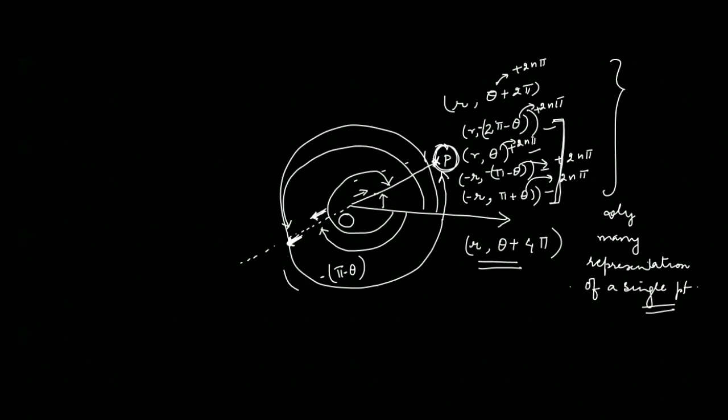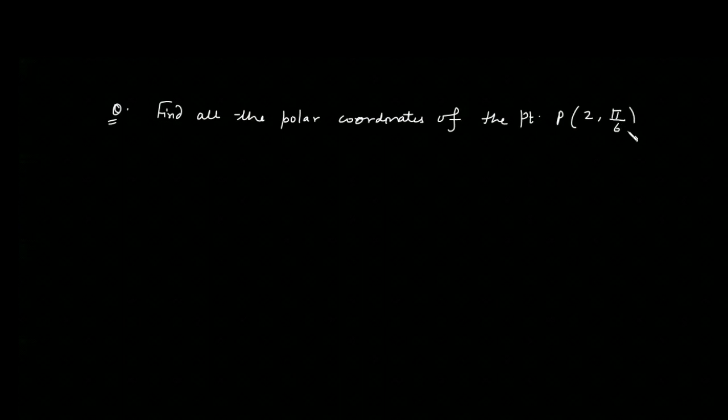Now just see with the help of an example. Find all the representations, all the polar coordinates of the point P (2, pi by 6). Now just see in the forward direction.